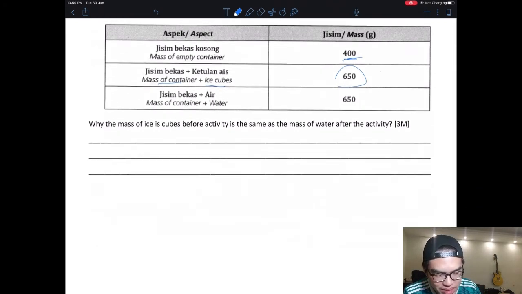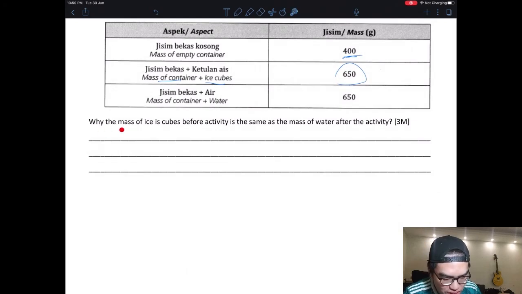So why is the mass of ice cube before activity the same as mass of water during the activity? Wow, 3 marks here. You can say same number of particles. So same mass of particles.